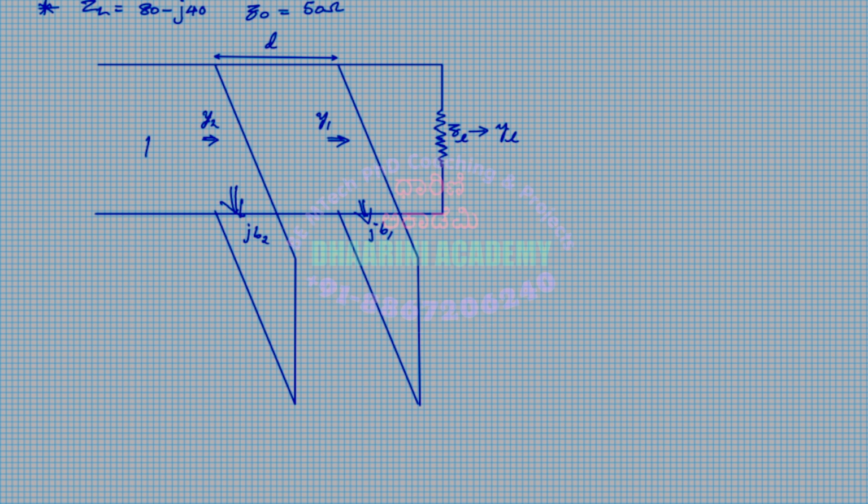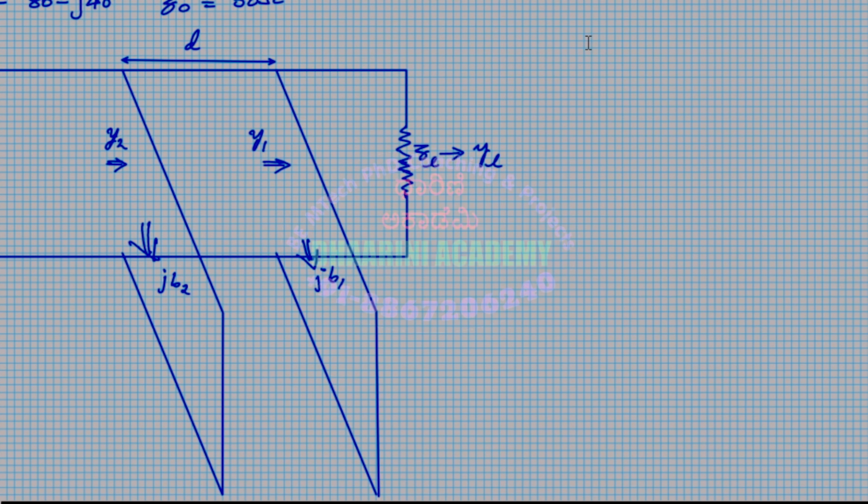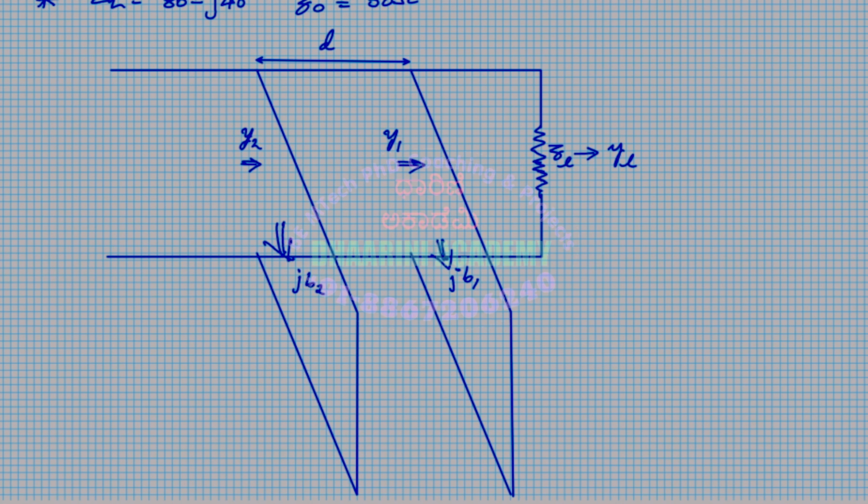When we solve the problems on the single stub, directly we got the required form, right? But in this case where we don't have the single stub matching, we will go for a double stub matching problem. Practical cases are there where you cannot use a single stub because of the physical conditions.